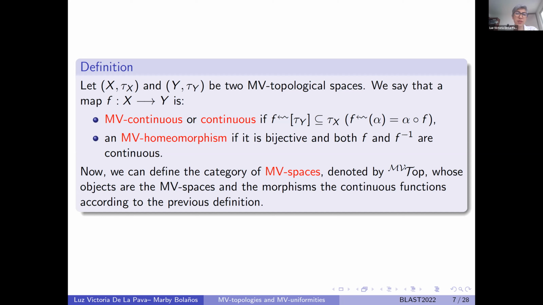It is a homeomorphism if it is bijective, and both F and its inverse are continuous. So we have the category of MV spaces, whose objects are the MV spaces and whose morphisms are the continuous functions.